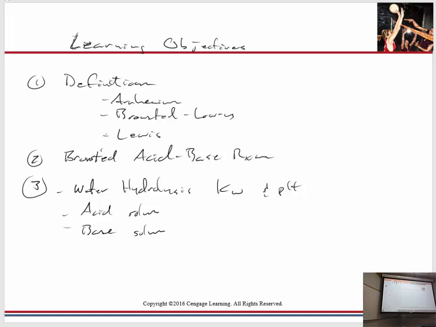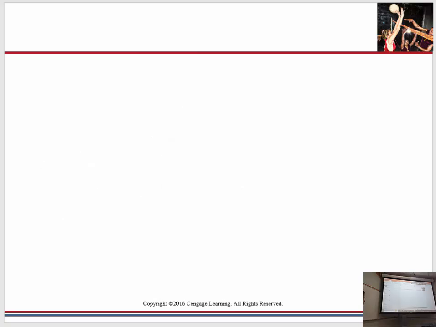And so rather than doing a whole bunch of slides, let's just look at the definitions here on one slide. It should be enough. And so when we're looking at the definitions, Arrhenius is very simple. Arrhenius is an acid is just defined as H plus in solution, or H3O plus, aqueous.